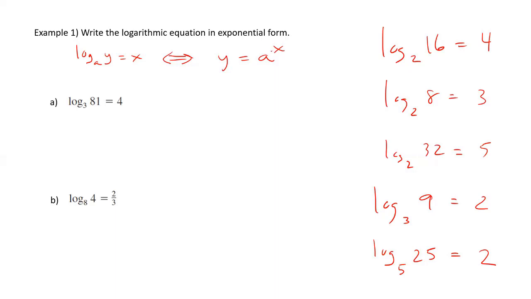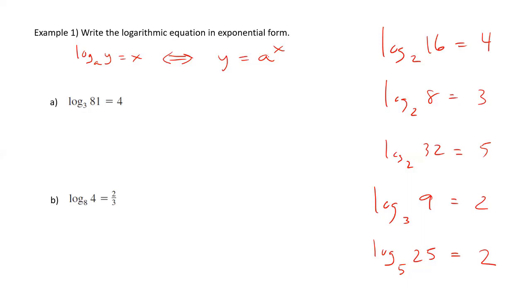Are we good? The A is the base. So the subscript for the log becomes your base in your exponential equation. The Y value that's inside the log now becomes the value of the equation itself. And X, which was the value, now becomes the exponent.